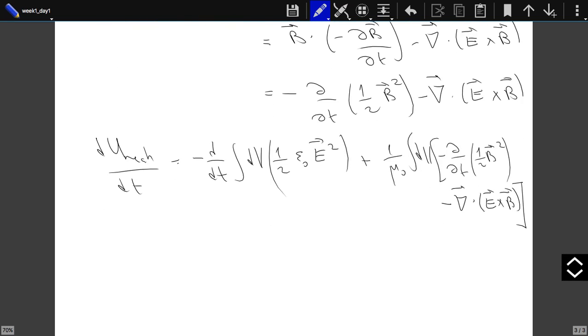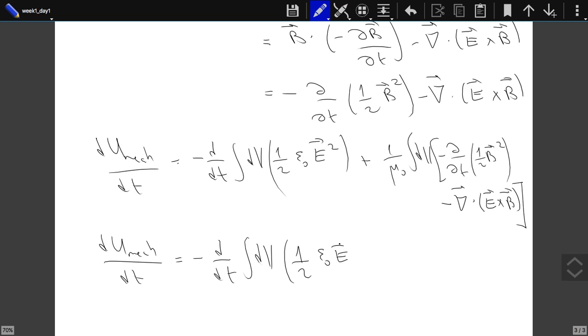Or let us just reorganize it slightly. This is equal to minus d by dt of the integral dV of 1 over 2 epsilon 0 E squared plus 1 over 2 mu 0 B squared.